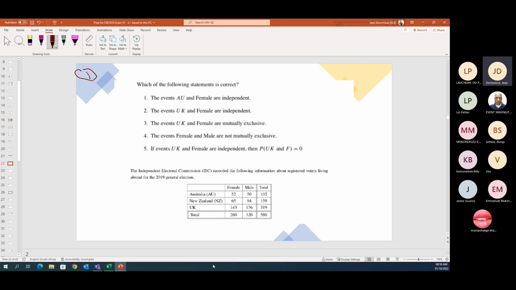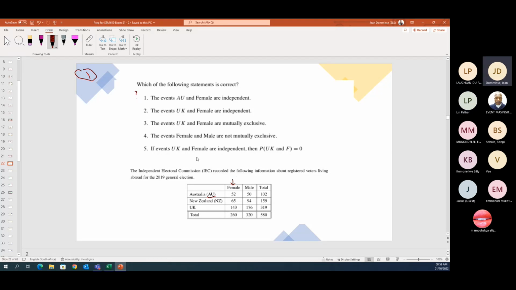The events AU, so Australia, and female are independent. First question, can we see from a table if it's dependent or not, or must we work something out? I'll have to calculate based on the definition. Okay, so we need to calculate.